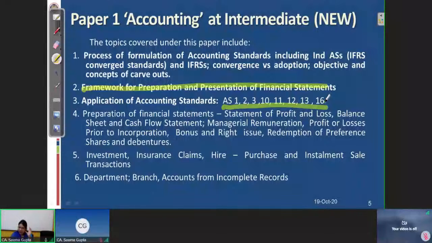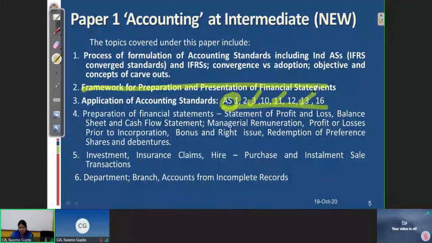And then we have AS1. AS1 is already covered in the majority of the chapters. So the basis of accounting in the majority of the topics is AS1. So AS1, AS3, AS11 and AS13 are more or less covered in our respective chapters.